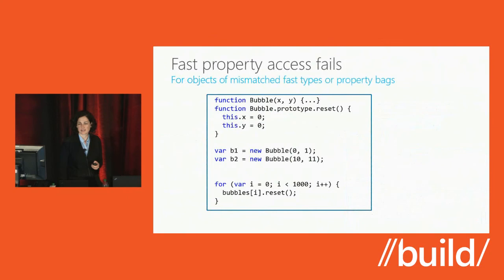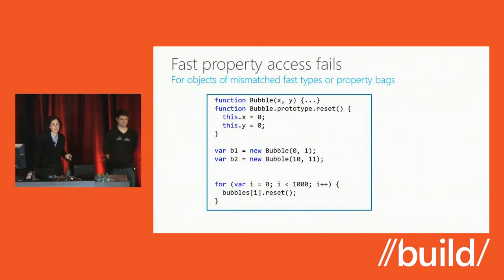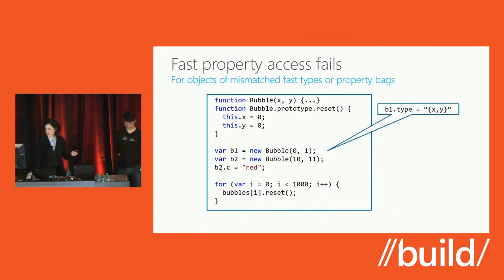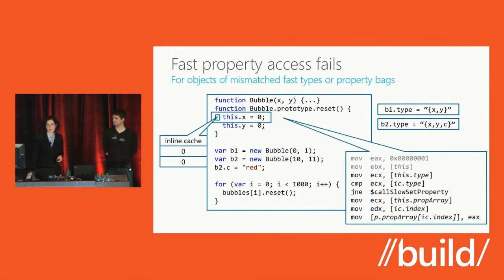All right. So what happens when we have mismatched objects is that we end up with a much slower property lookup, because we can't use the inline cache. So I've added this b2.c equals red thing, and we had the inline cache.